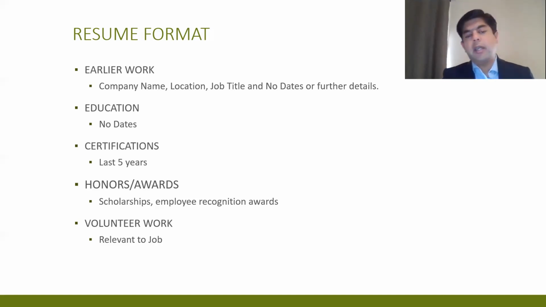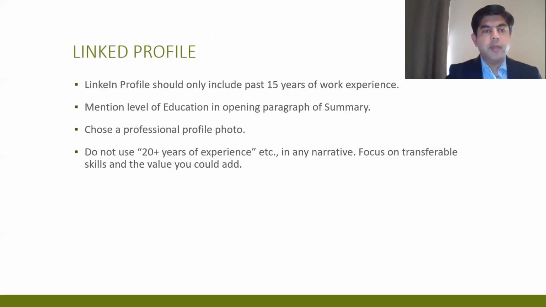For example, you serve as one of the board of directors of a charity, or you work as an advisor in the fundraising effort of a hospital. Experience like that, try to highlight your community service and where you were able to manage successful projects or initiatives. So that was overall about the resume.